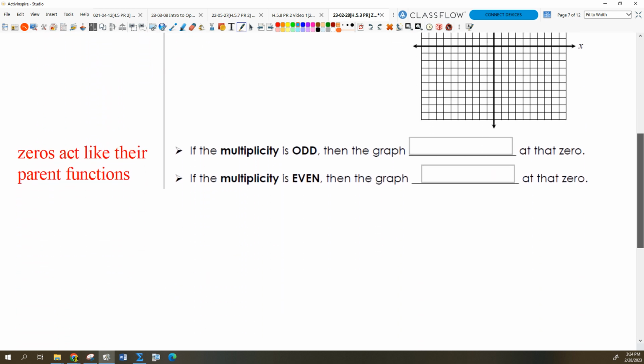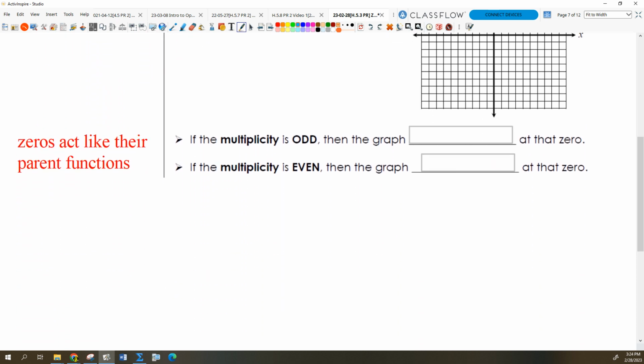This is helpful to us because it turns out that if the multiplicity of a factor or a 0 applies, they go together. If the multiplicity of a 0 is odd, then that x-intercept is going to cut through the x-axis.